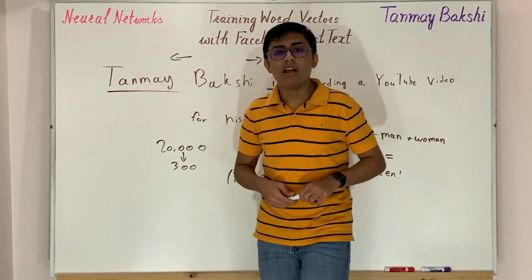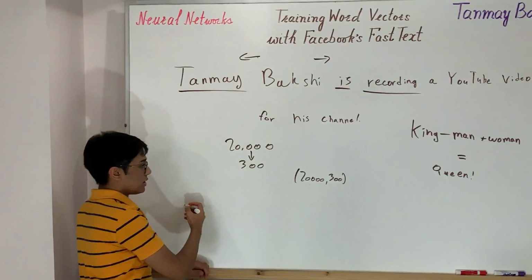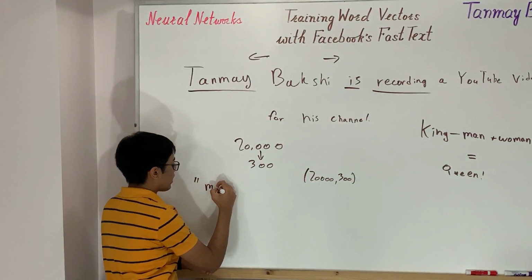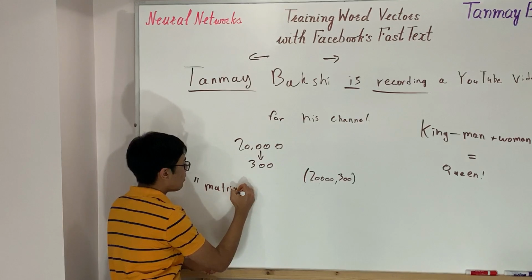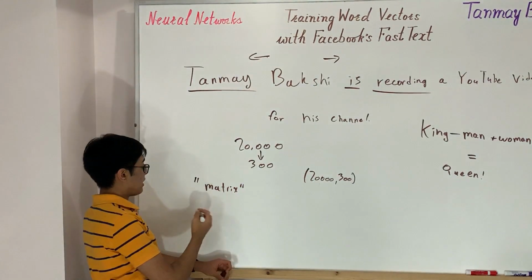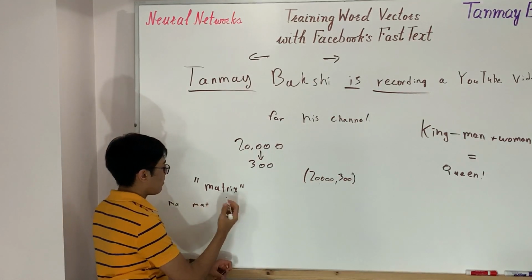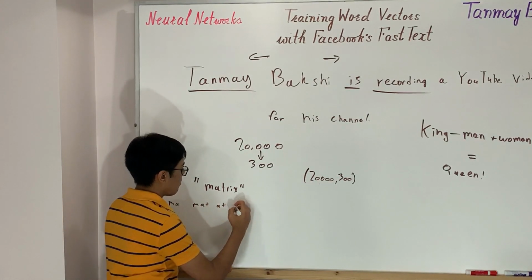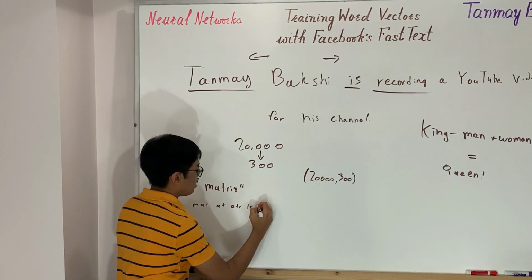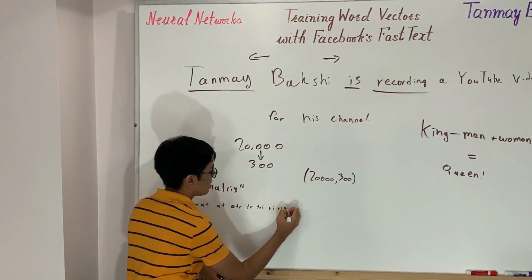So, for example, let's just say you were to feed in the word matrix. It's actually going to take a look at the word matrix like this: M-A, M-A-T, A-T, A-T-R, T-R, T-R-I, R-I, R-I-X, I-X.